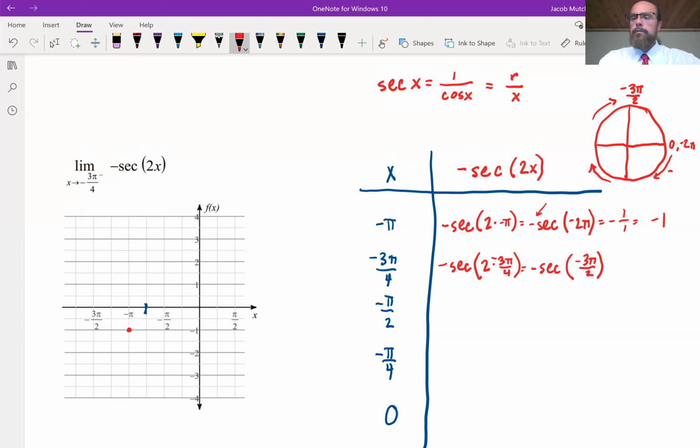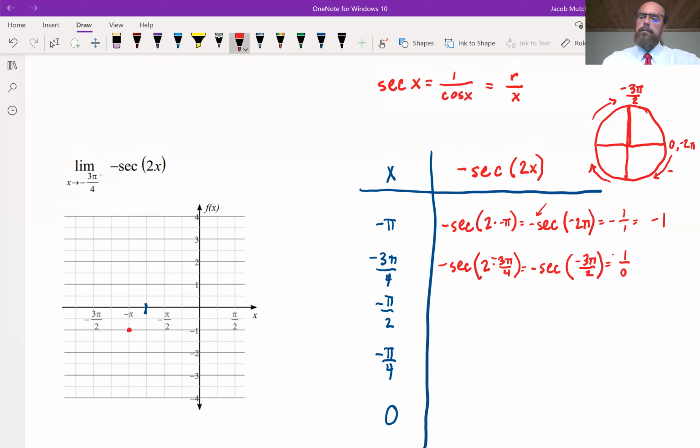So the value of cosine there is 0 over 1. The x component of that triangle on the y-axis is 0. The radius is 1. But when I invert that, because remember secant is the inverse of cosine, it's 1 over 0.